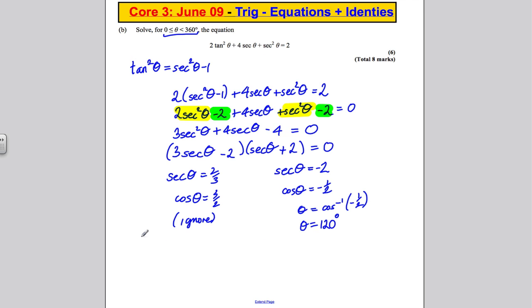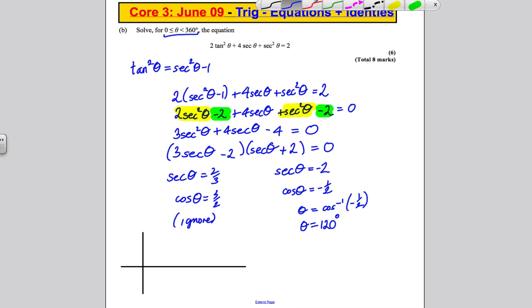So draw out your cos graph here. The cos graph looks as follows. That point there is 90. That point there is 270, and 360 is over here. Now you know there is a solution at 120, which is about here, which is 30 degrees from 90.